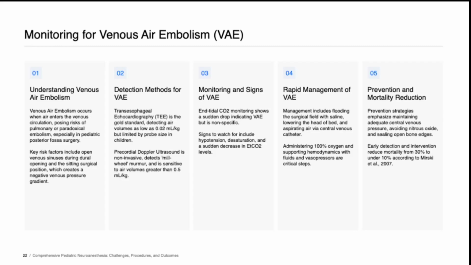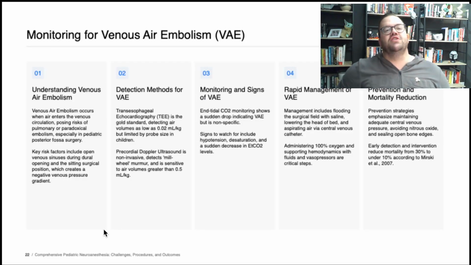Monitoring for venous air embolism, I'm not going to go into it in detail again, but remember I said the best monitor is a transesophageal echo probe. And to be very fair, I hope I'm not being too blasé, but if you're in a hospital that is doing posterior fossa surgery in children with big medulloblastomas, you can very easily justify the need for a pediatric transesophageal echo probe.